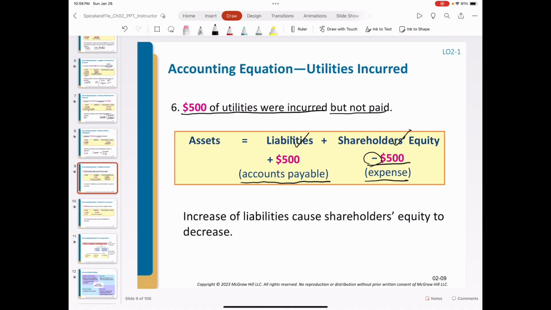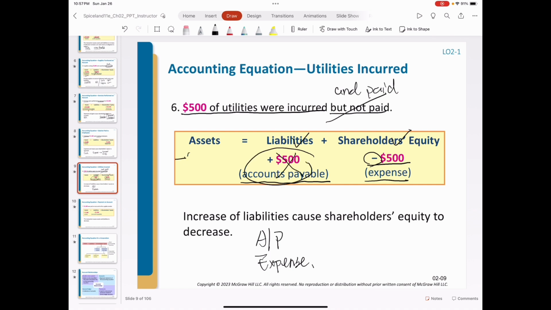The two accounts that are affected are accounts payable, which is accounts payable to the utility company, and the other one is expense. If I change this description to the utility was incurred and paid, think about it. Because it is paid, there will be no liability, right?